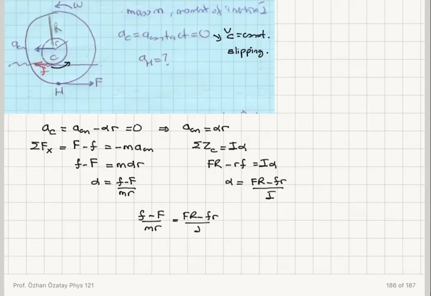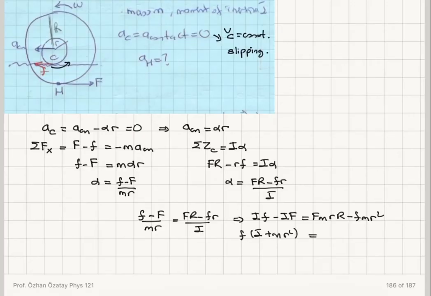F minus capital F divided by m r is equal to F r minus capital F r divided by I. So if I solve for the force of friction here, it's going to give me I F minus I capital F equals F m r r minus capital F m r squared.